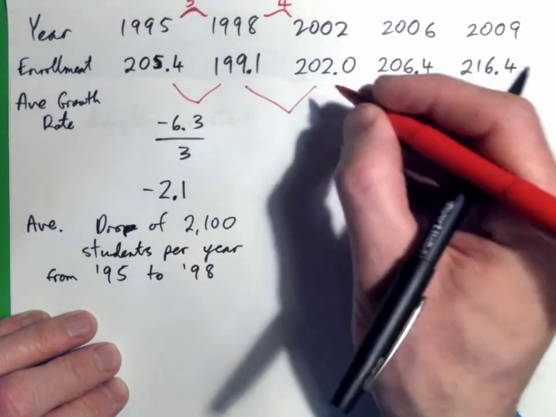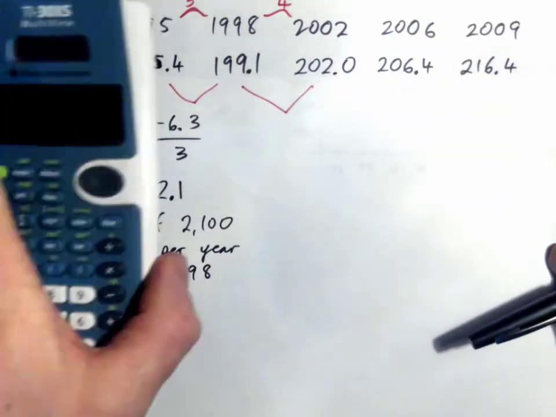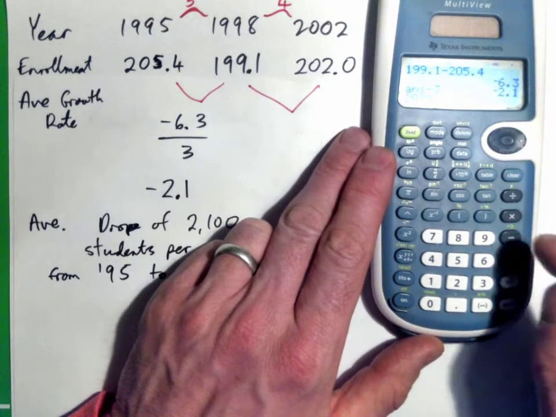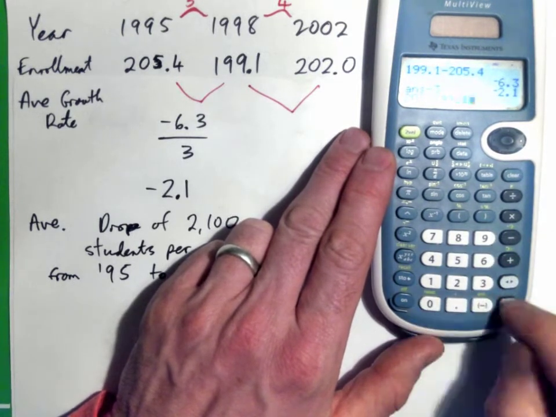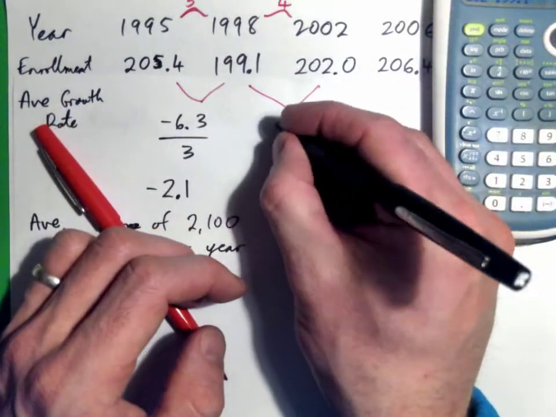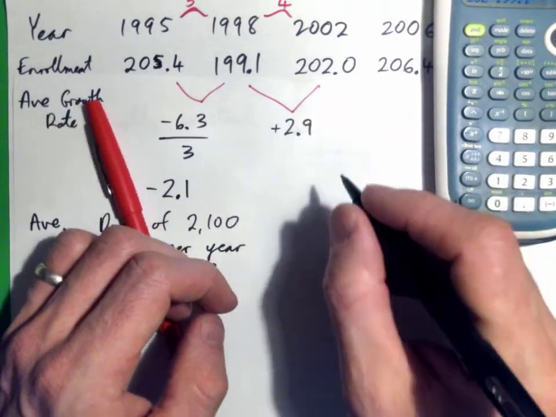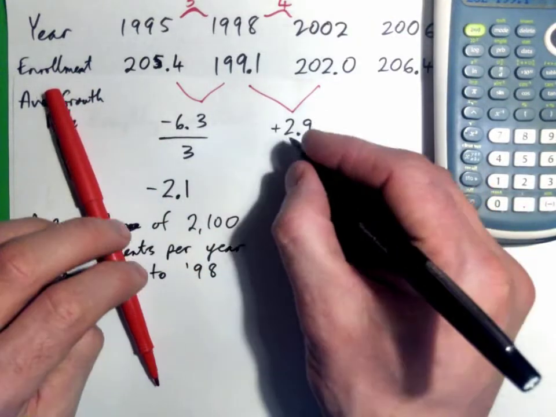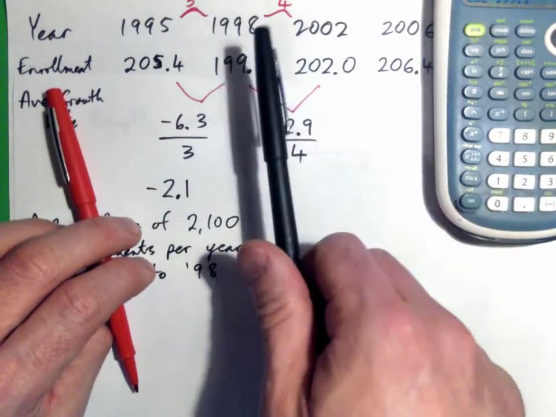The change went from 199.1 to 202,000 students. So I'm going to go 202. I'm going to subtract 199.1 to get 2.9. So that's an increase of 2,900 over 4 years, though. So the average increase is we divide that by 4 because it's a 4-year period.